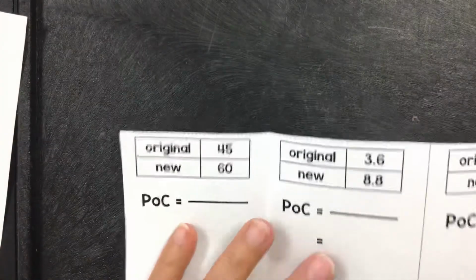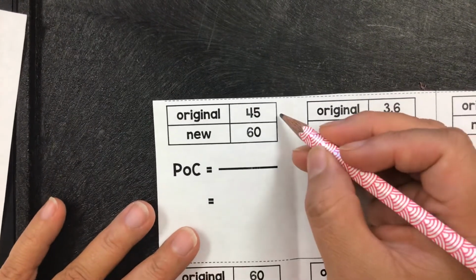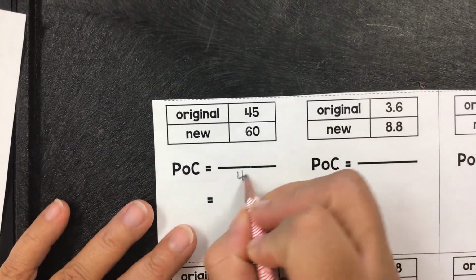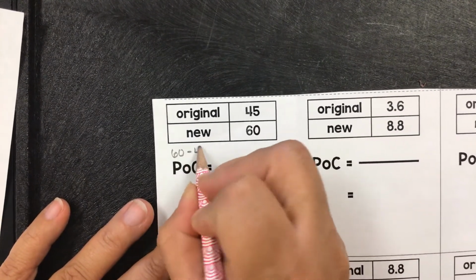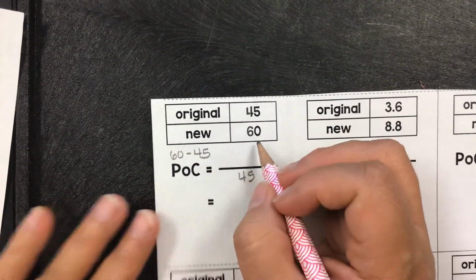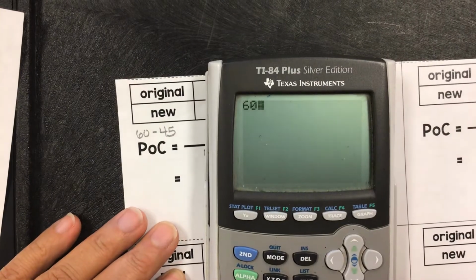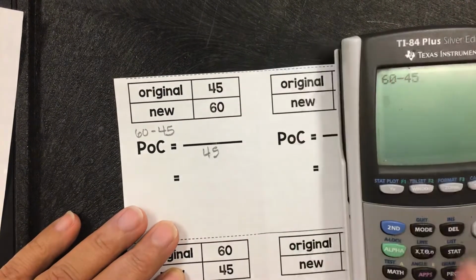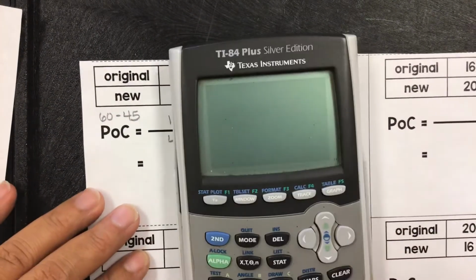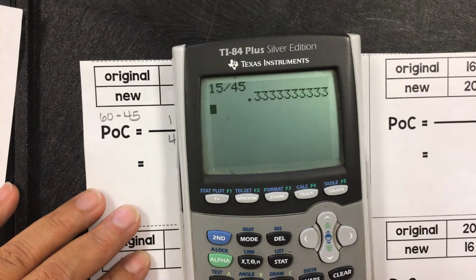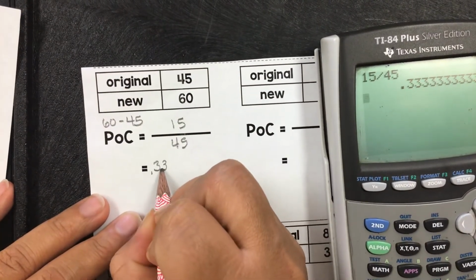And the next one, we have the original is 45. That makes it our denominator. Our numerator then will be the difference, 60 minus 45, 15. Then 15 divided by 45 gives us our decimal, 0.33 repeating.